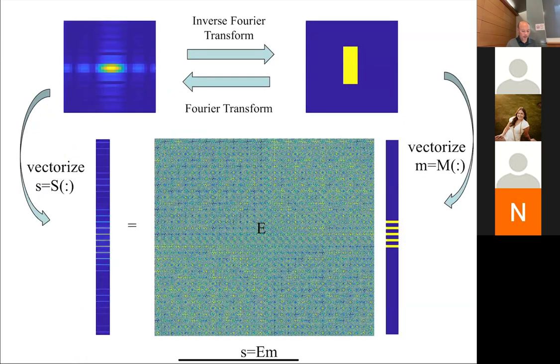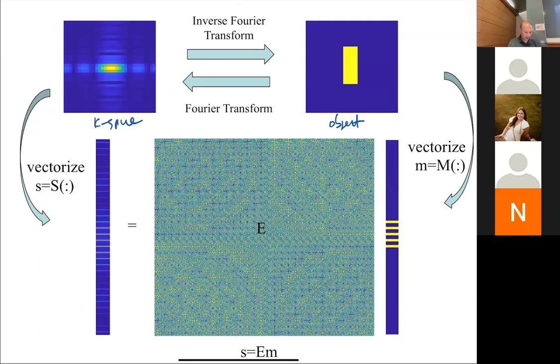Okay, so just to remind you, up to now, we've been looking at things like, I have my object and I take its Fourier transform and I get its K-space. And we've been looking at things the way humans look at them, as an object, like a two-dimensional image, right? But to do things in linear algebra form, we need to take each of these 2x2 images and make it one long 1D image.